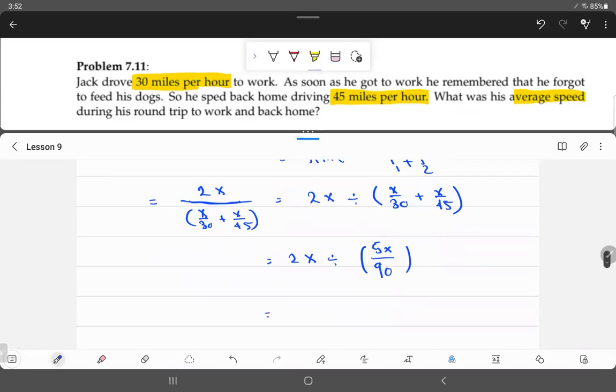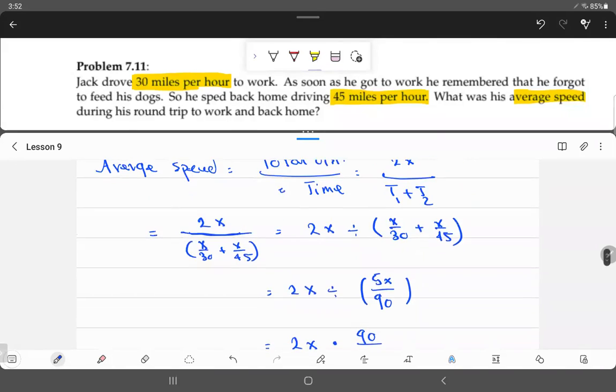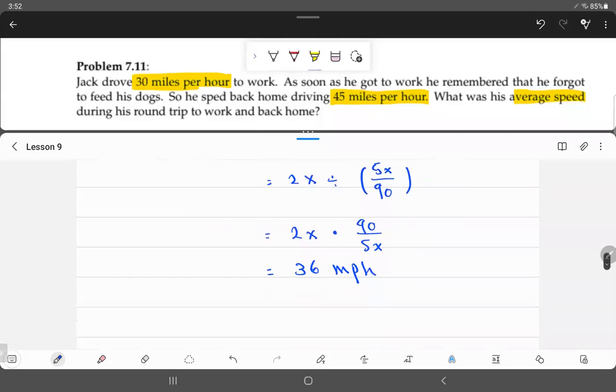Then we have 2x, divide becomes multiplication, 90 over 5x, equals, we got 90 times 2 divided by 5, we have 18 times 2, 36. 36 miles per hour. Do you agree?